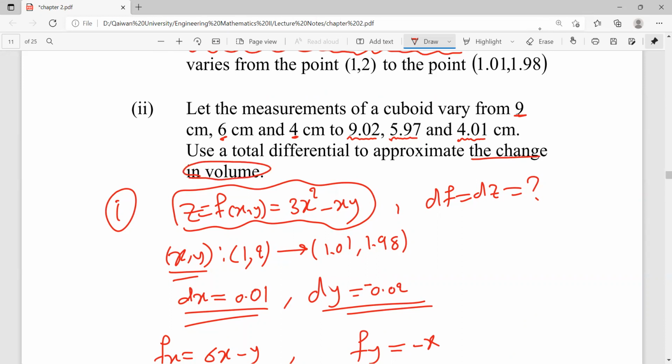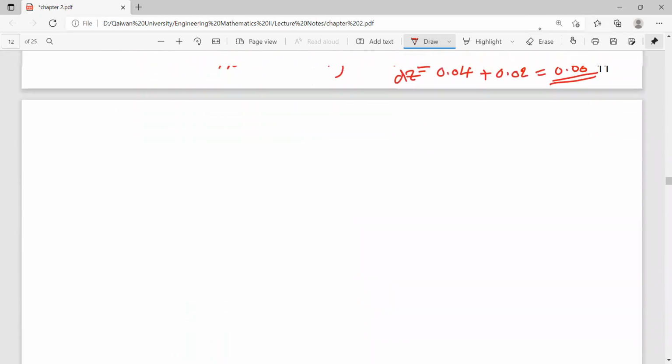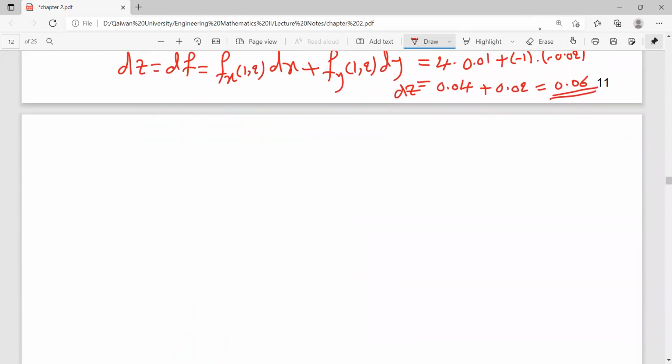So here we should know what a cuboid is, and we should know the rule for finding the volume of a cuboid. Let's first draw the cuboid here.